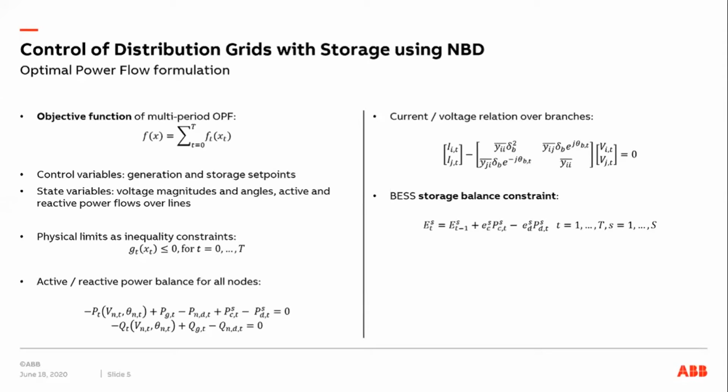In this paper, for each point in time, there is a set of inequality constraints, modeling the physical limits of grid components, such as the current limits of the lines and the generator and storage variable bounds, as reported in the middle of the left side of the slide, with g(x) lower than 0 for all the time steps.